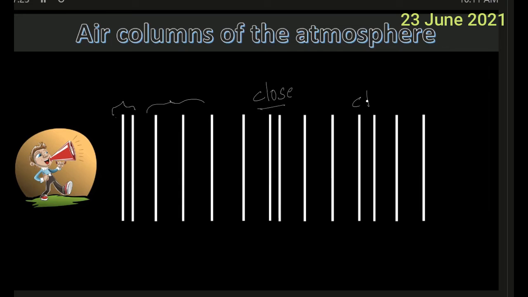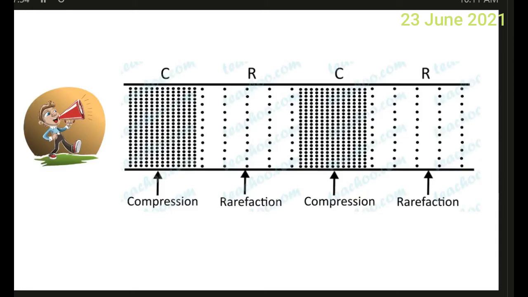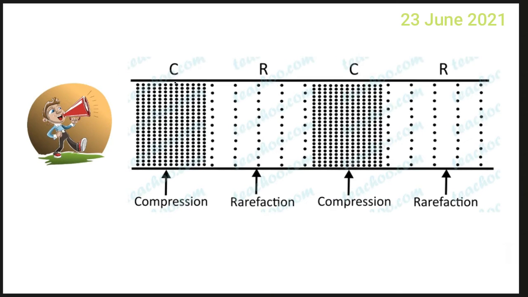Here they are close enough. Now if you can neatly draw this figure again, you'll get this type of movement of air, and the denser part of the air is called compression, and the rarer one is called rarefaction.